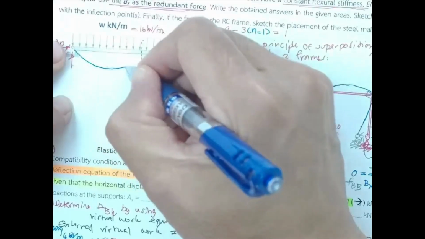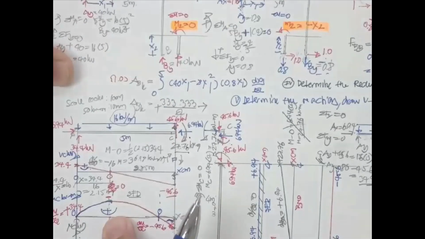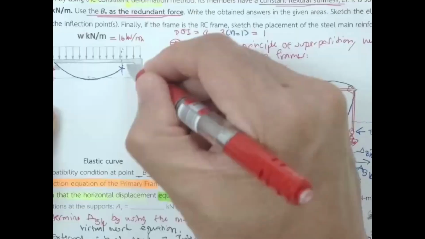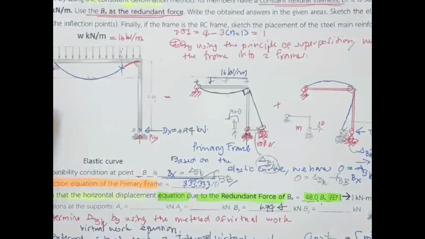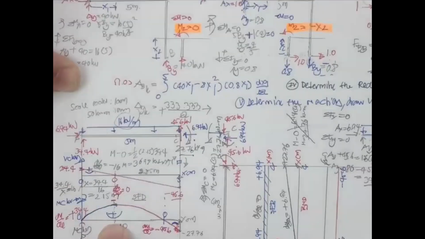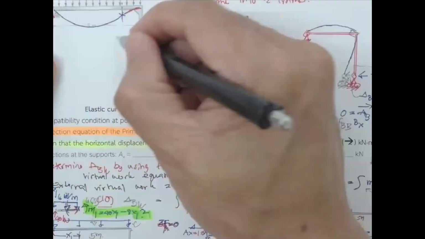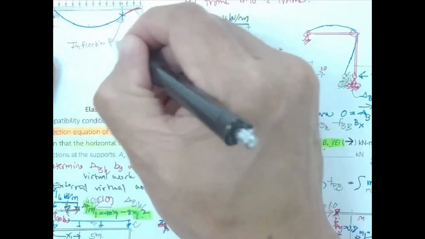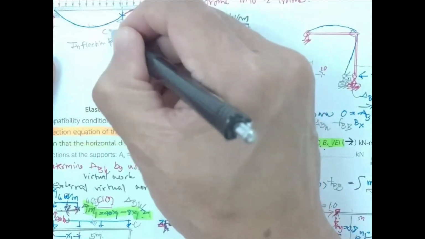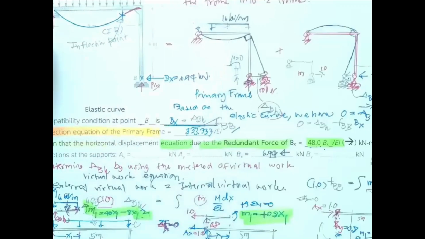So over here, you should get the deflection something like this, concave upward. And then this portion has to be concave downward. Concave upward, concave downward, and this is going to be your inflection point. Some people say it's going to be IP.